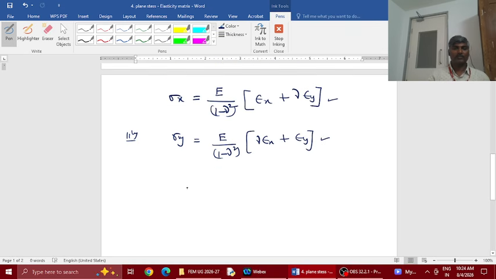To get the shear relation, we use the direct relation: shear stress tau xy is equal to shear modulus into shear strain.